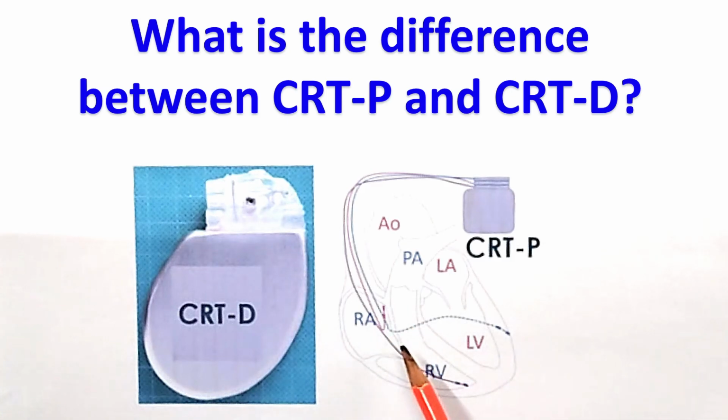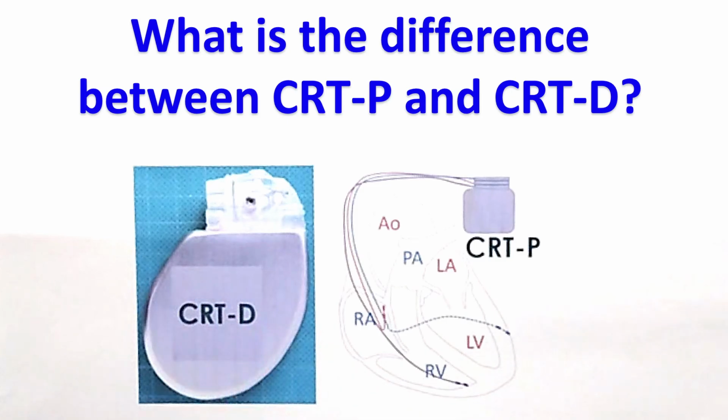The lead goes through the coronary sinus into a posterior left ventricular branch, so that it is almost pacing the left ventricle from the epicardial region. That produces synchrony of left ventricular contractions and is useful in heart failure with reduced ejection fraction.